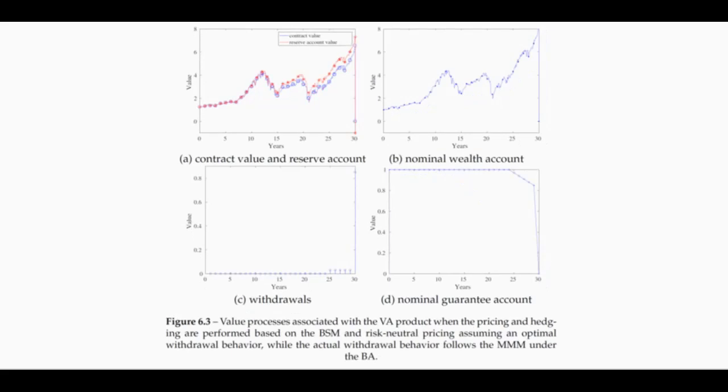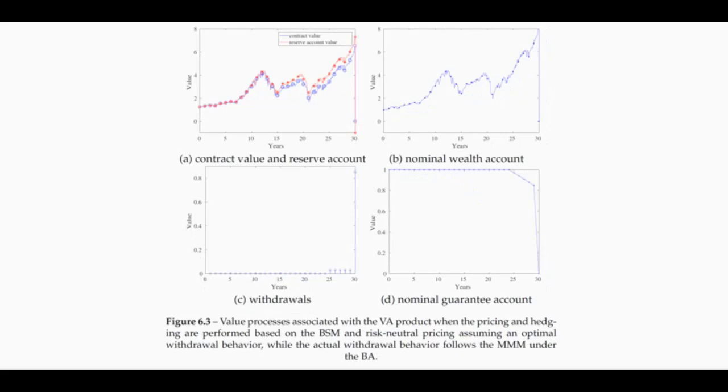The next situation we consider is that the insurance company holds a Black-Scholes model view, and the policyholder applies a minimum market model and the benchmark approach to decide on the withdrawal patterns.